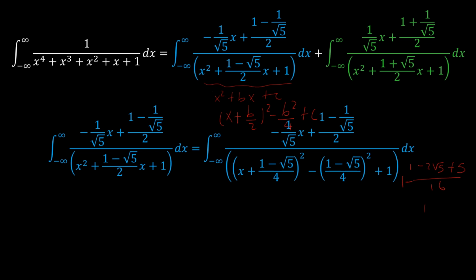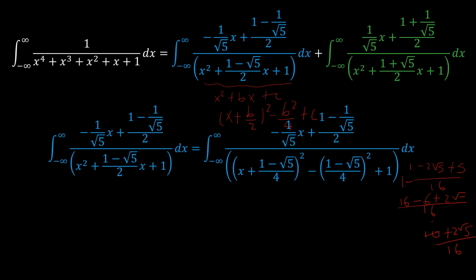So this eventually has 16 as our denominator, and then 16 minus 5 plus 1 is 12, hmm, so minus 6, minus minus, so this becomes 2 plus 2 root 5, and this now becomes 10 plus 2 root 5 over 16.